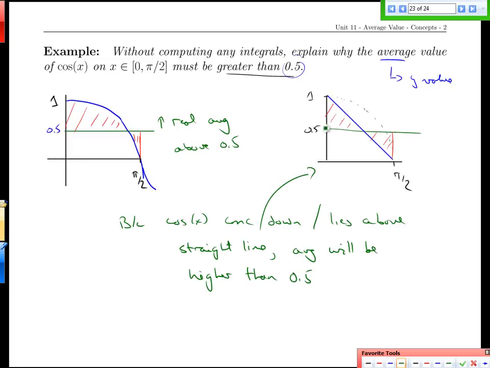The 0.5 is a natural choice because it's halfway between the value at the end and the value at the beginning. But if the graph doesn't follow a straight line, in this case if it's concave down on that interval, it's going to have more area, and we're going to need to boost our average up.